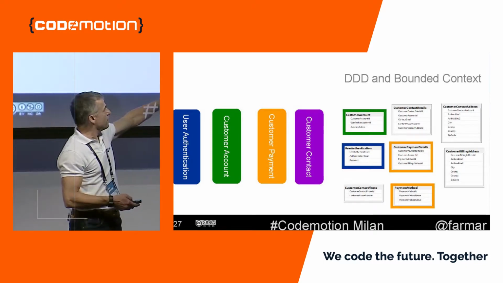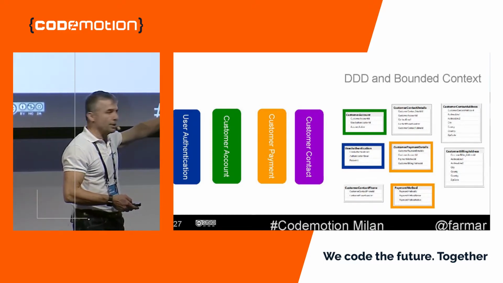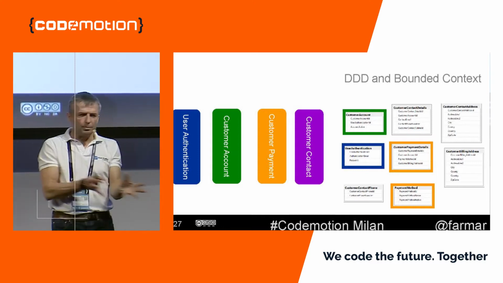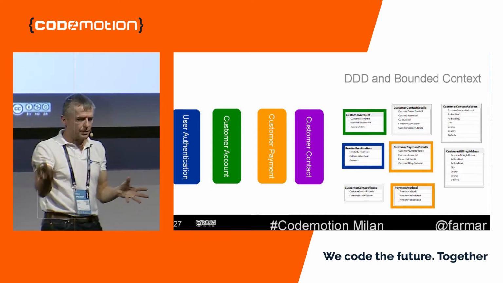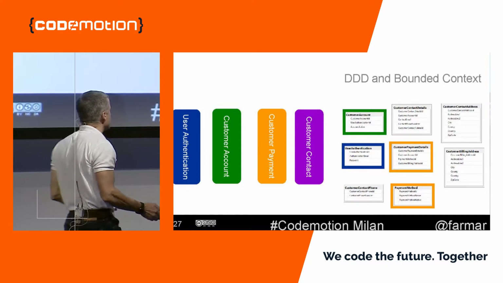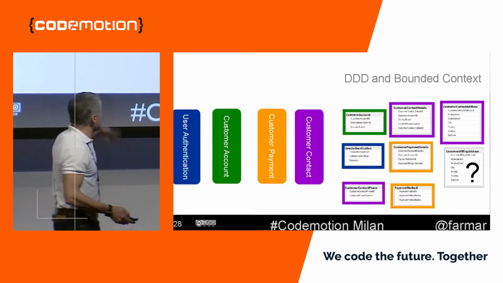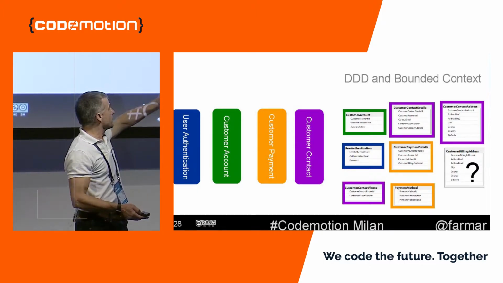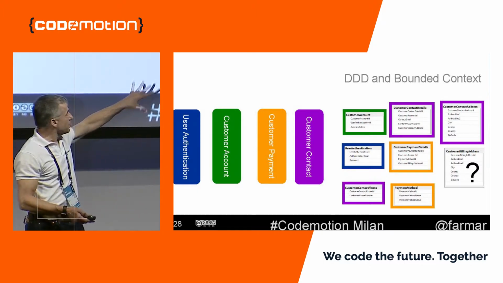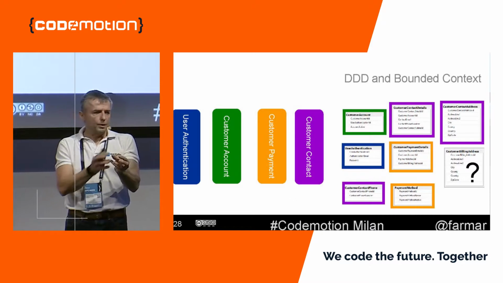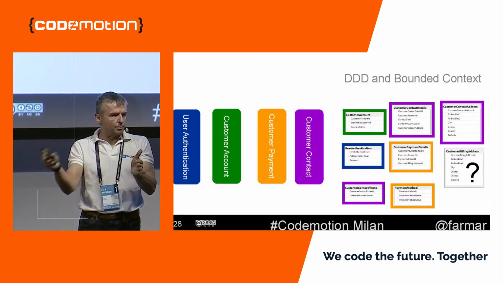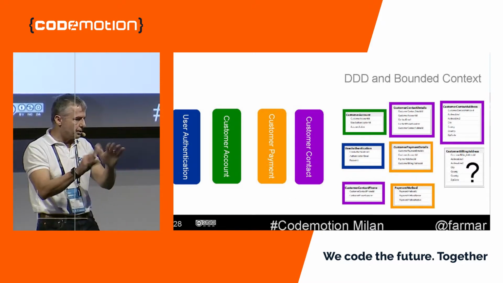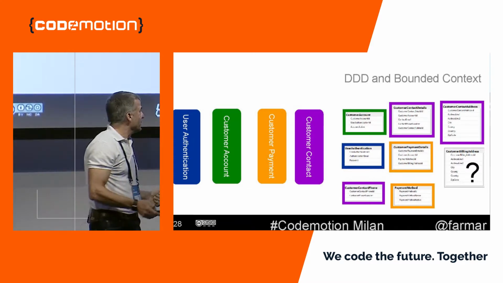I might have customer payment details and payment method, two components that belong together in the payment space, this payment service, if you wish. And then I have this customer contact, so again, contact phone and contact address and contact details, each separate components because they do separate things, but they belong together in the purple service.